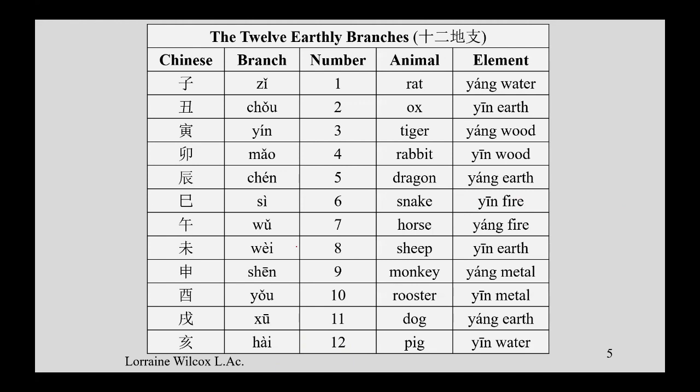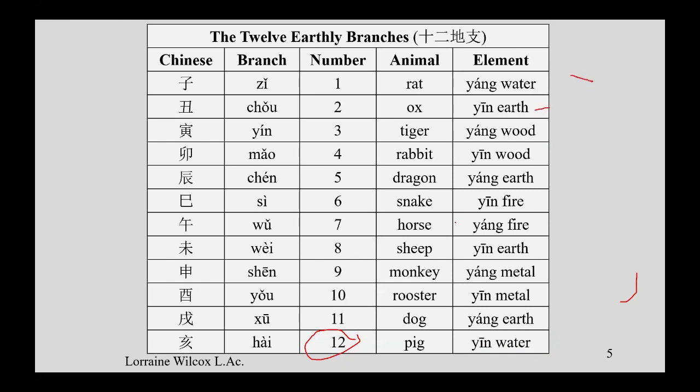And so if we look at the pattern in the element column, where's my pen? There it is. Okay. So we've got a yang water it starts with, but number 12 also ends with a yin water. So the two waters are in a row. It's just one's at the beginning, one's at the end, but there is no real beginning or end because it just cycles forever. So we've got two waters, and then we've got an earth.